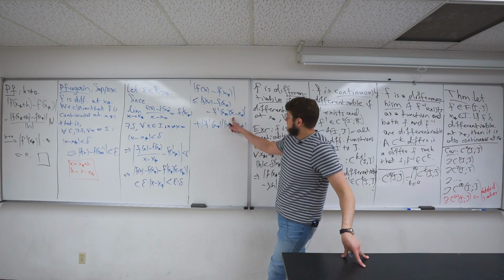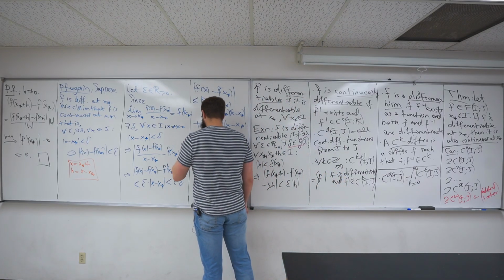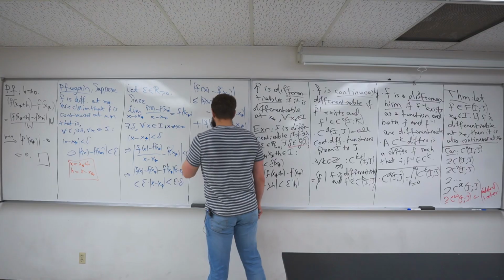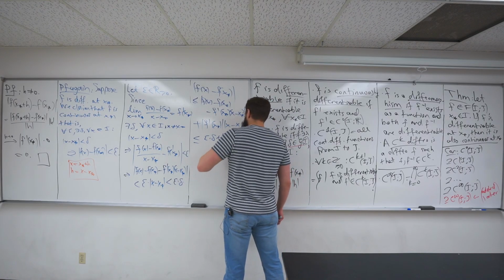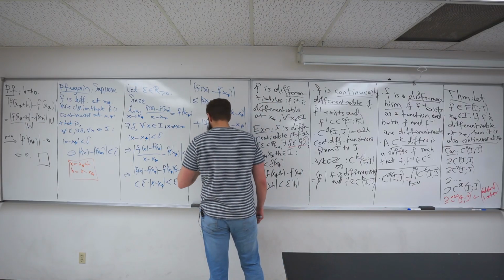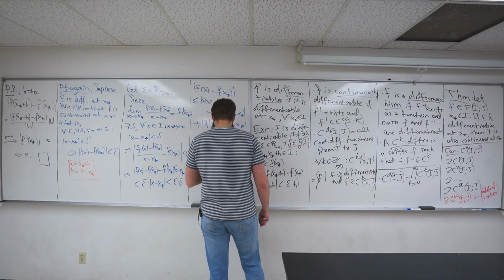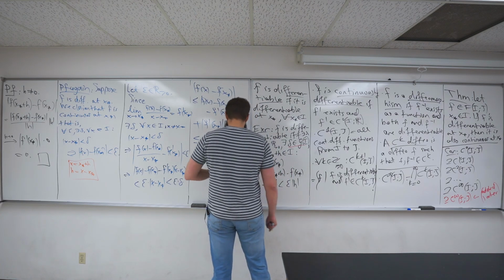Now this guy is bounded by epsilon times delta, and this guy is bounded by f prime of x star times delta, which means this whole thing is bounded by delta times epsilon plus f prime of x star in absolute value.